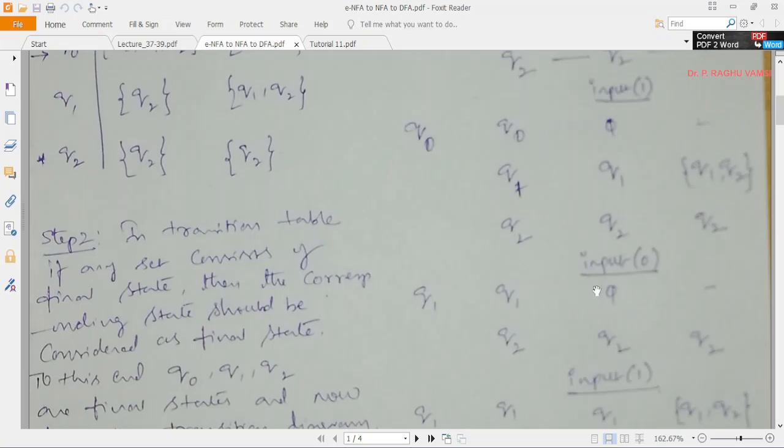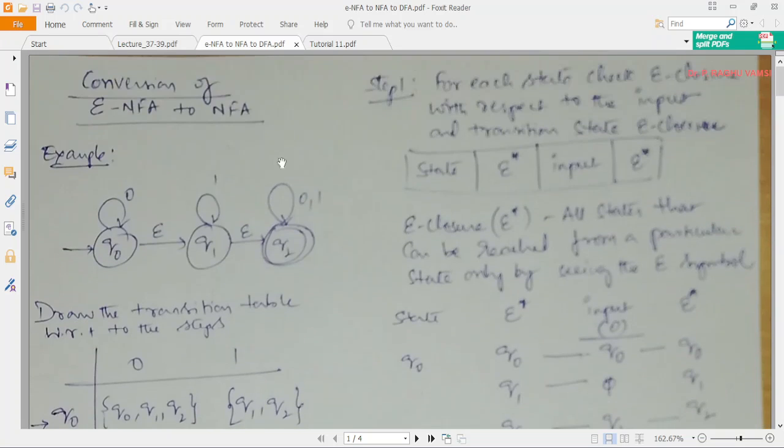Now on this result, again we need to apply the epsilon closure. Here is the empty set, and on the empty set we cannot get an epsilon closure, hence it is null. Now on Q2, we calculate the epsilon closure again. The epsilon closure of Q2 is the same state, union any other epsilon transition states.